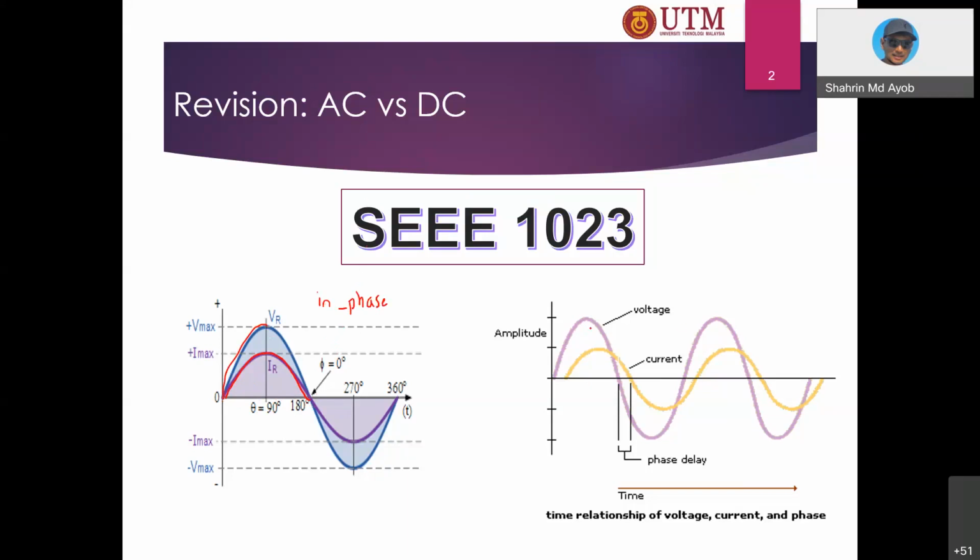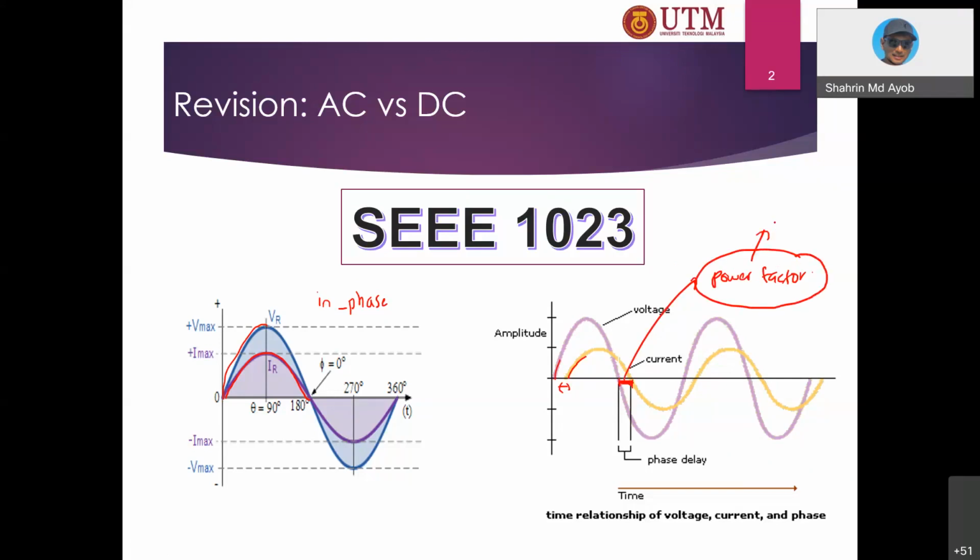But if you have a voltage and current that are lagging, for example this current is like this and the voltage is like this, we have a phase difference. We call this a phase delay between the voltage and the current. This introduces what we call the power factor.